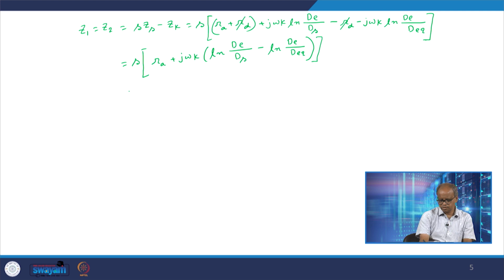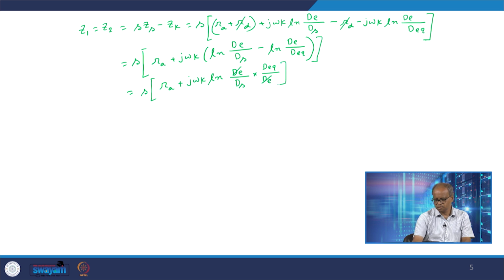So it would be s into Ra plus j omega k log, d by ds into d by d cancels out.